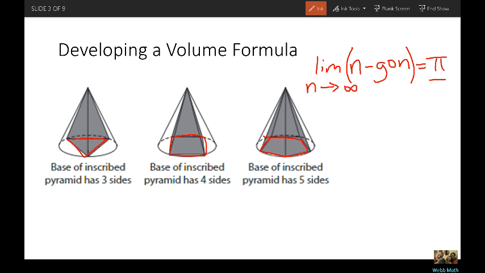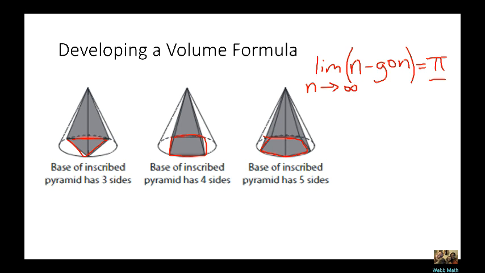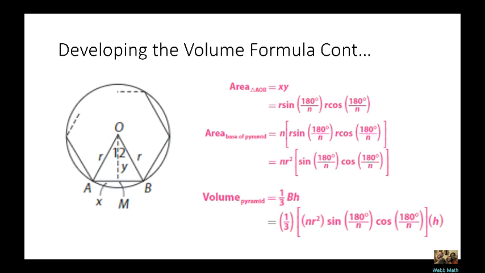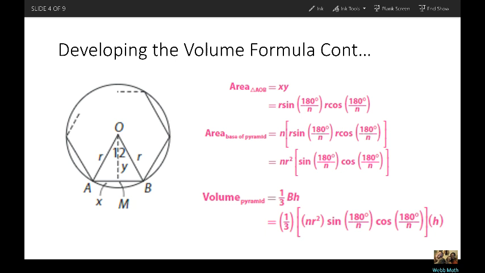Okay, so another visual, if you want to see, looks like this. If you remember developing the n-gon and deriving where pi comes from, I showed you guys that this whole thing, as the limit approaches infinity, just equals pi.